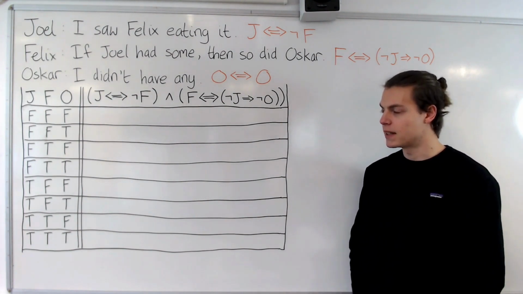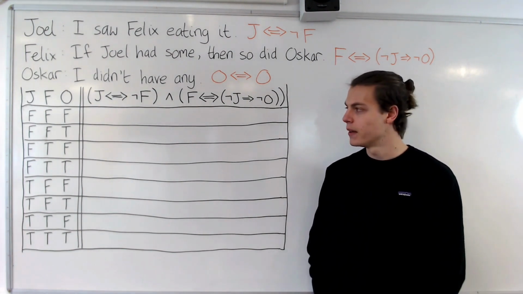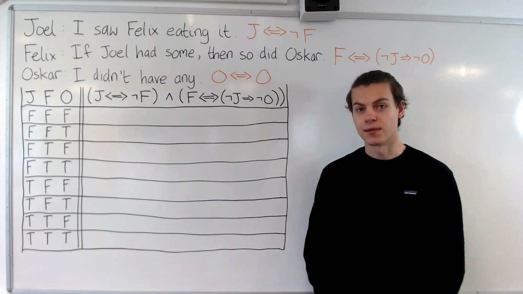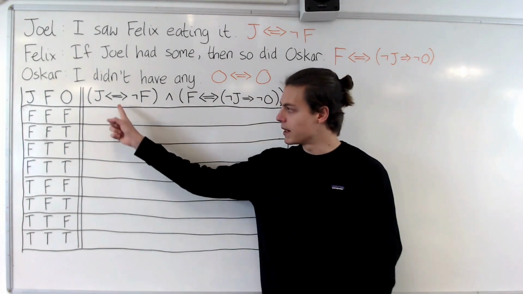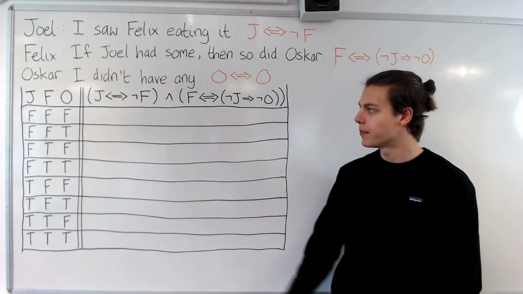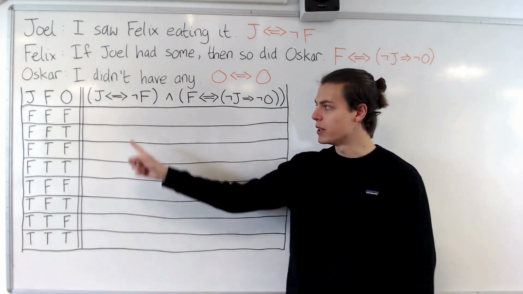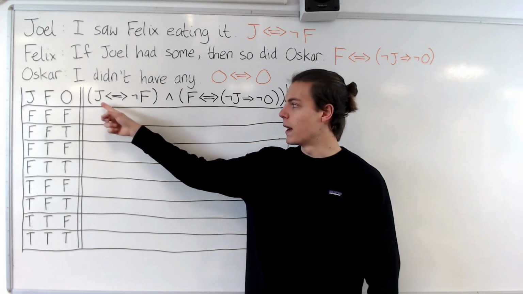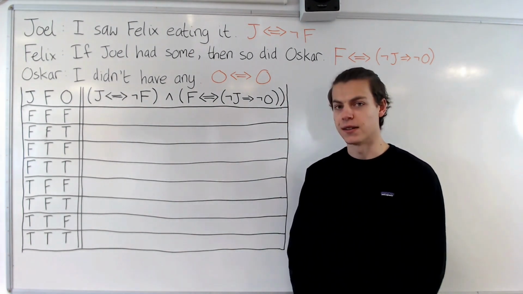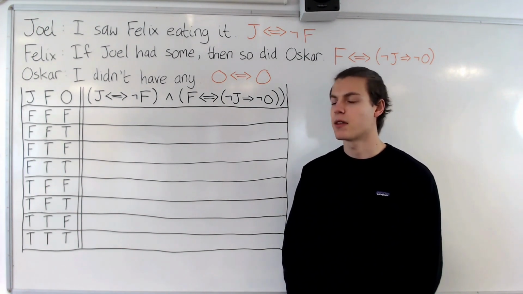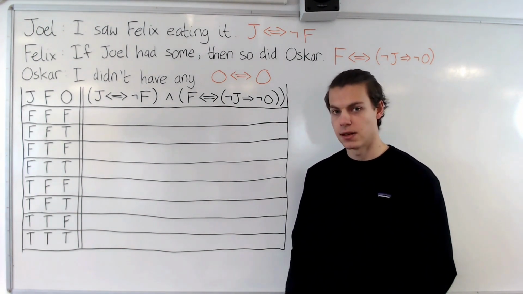And if we find a case in which they are both true, then that must be the case we're looking for. Right. So let's start with this equivalence, right? This column will be true when J and F have different truth values, and it will be false otherwise. So let's fill that in.